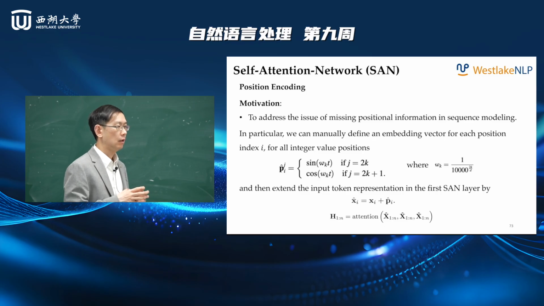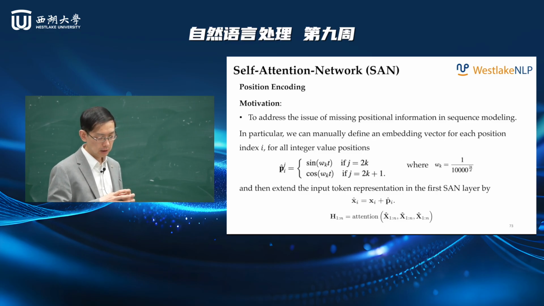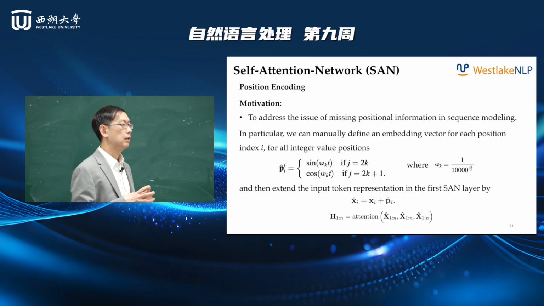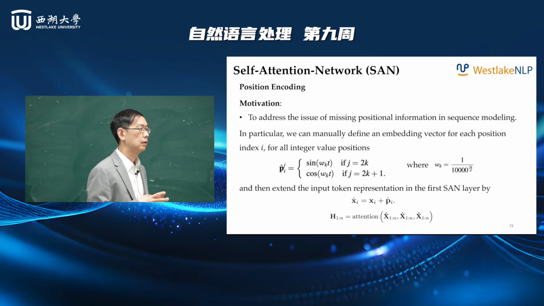Every element in the position encoding is hard-coded using sine and cosine functions, as I just showed you here. These are just some hard rules. I don't have to explain them.